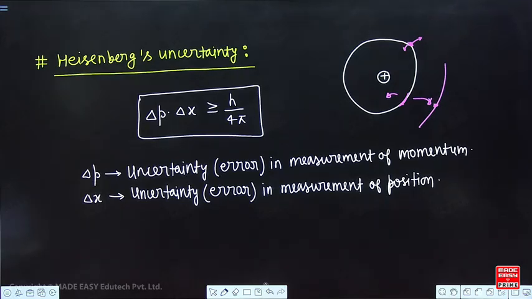Instead we must look for the probability of finding an electron at a certain position around the nucleus.